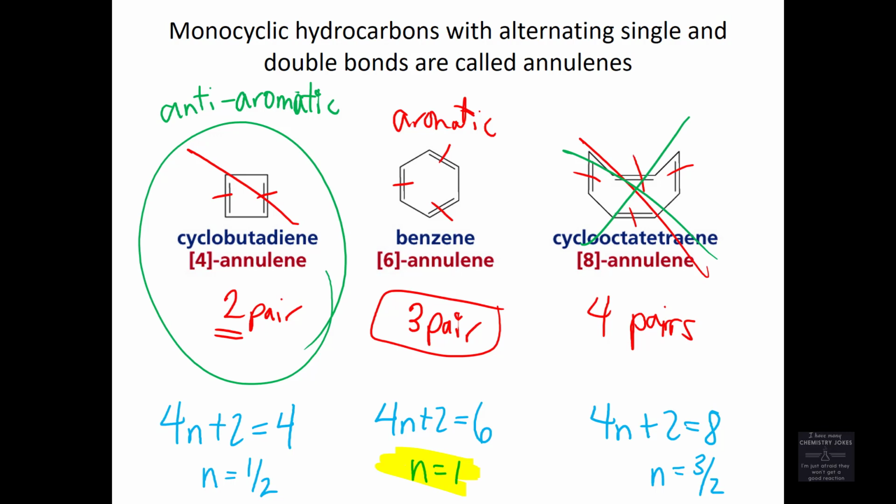This one is still not anti-aromatic. This cyclooctatetraene is still non-aromatic, not anti-aromatic either because it's not flat. But cyclobutadiene is flat, and it has 2 pairs. That's an even number. And if we did our little 4n equals 4, n equals 1, yeah, anti-aromatic.